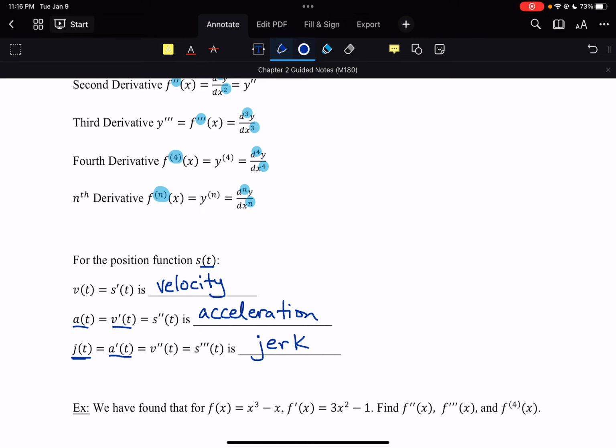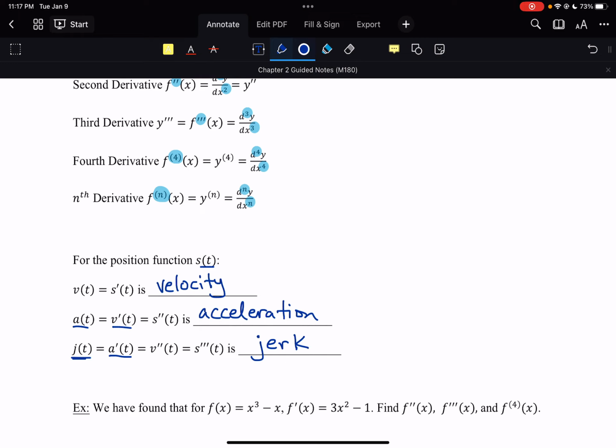So that idea, like your acceleration is changing at an increasing rate or at a decreasing rate. If you think about it in terms of a car, your position is where you are while you're driving. The velocity is your rate of change, how quickly you're going, like on your speedometer, that's your miles per hour. The acceleration is how hard you're stepping on the gas pedal, or on the brake pedal.